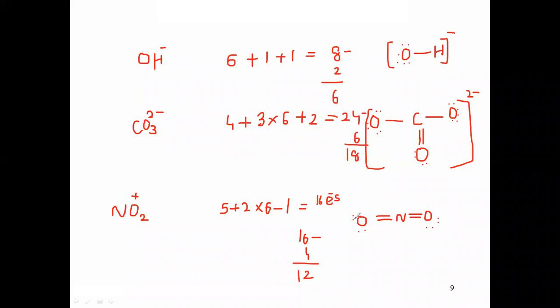So now you can check 1, 2, 3, 4, 5, 6, 7, 8. Here also 1, 2, 3, 4, 5, 6, 7, 8. And nitrogen also has 8 electrons. So all the atoms completed their octet, with the 2 positive charges. So here the positive charge is also there. Okay, now this is the Lewis structure of NO2+ ion.